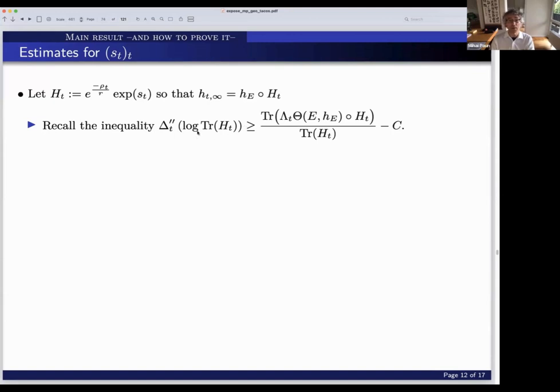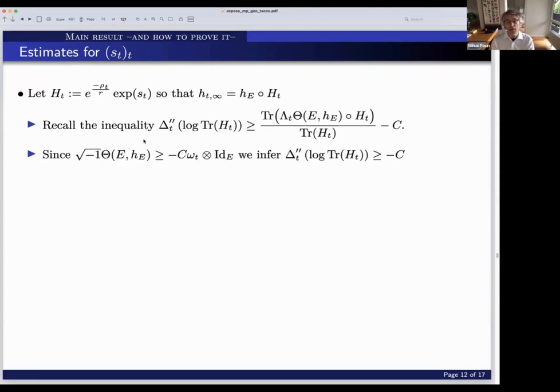So the Laplacian of the log of the trace is bounded from below by this quantity. And then here, again, we use our lower bound for the curvature of E, that is to say this term here. And then all in all, we infer that the Laplacian of the logarithm of the trace of H t, the endomorphism we are interested in, is bounded from below by a uniform constant.